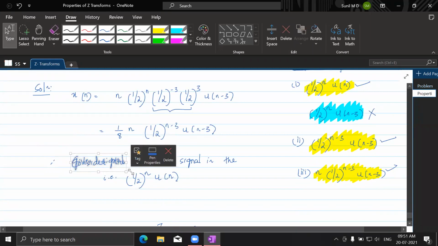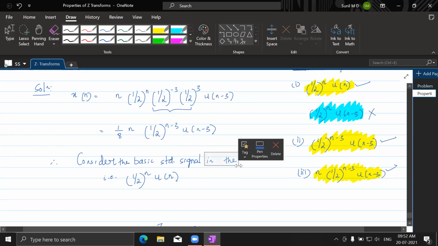Okay, so here let's consider the basic standard signal, that is half power n u of n. Everybody understand that?